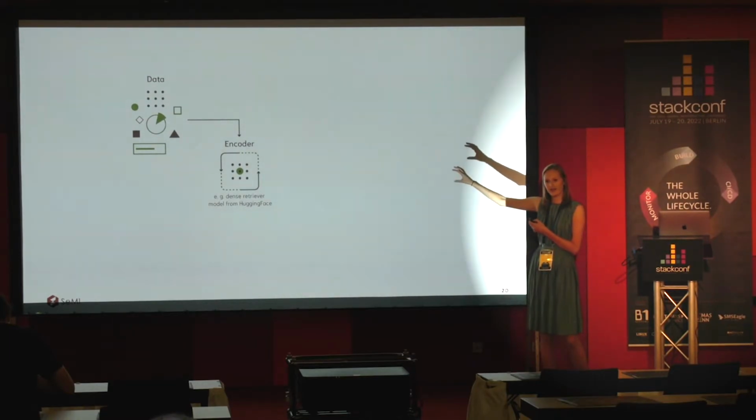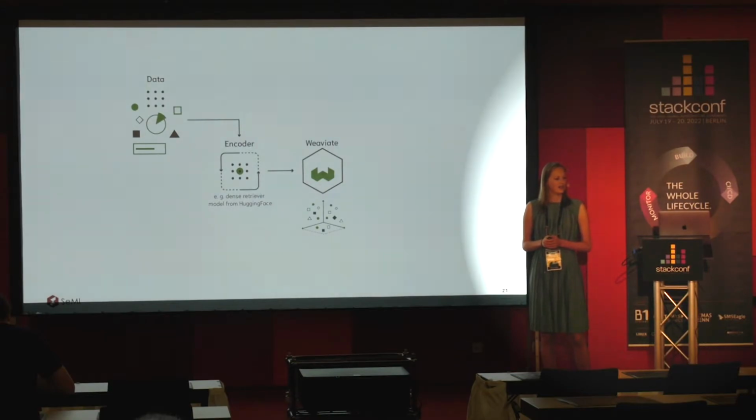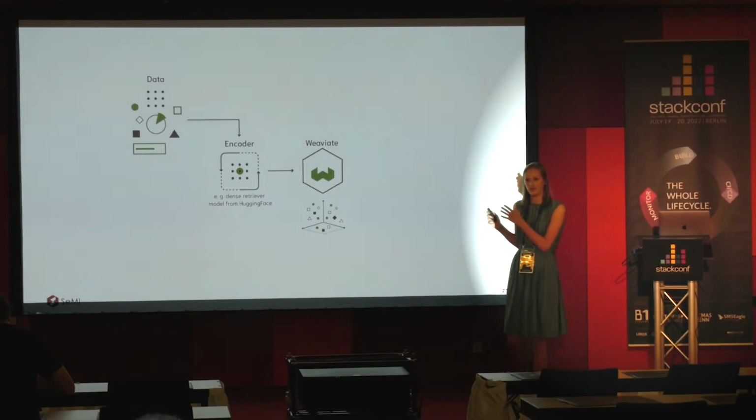You have your own data. Unstructured data can be long text documents, images, videos, DNA, protein sequences, anything that the machine learning model understands, basically. This will be stored inside the vector database Weaviate.